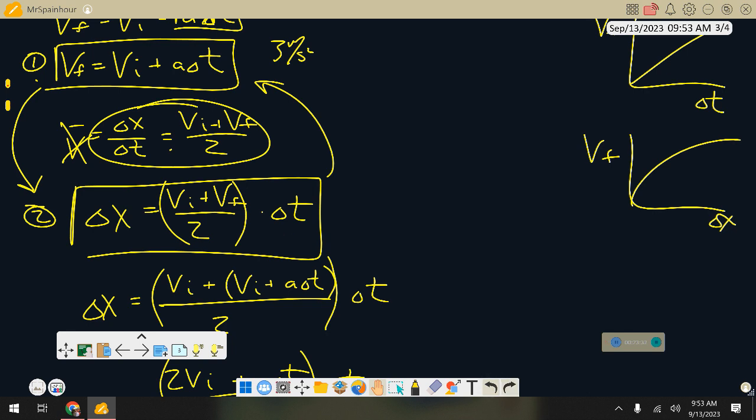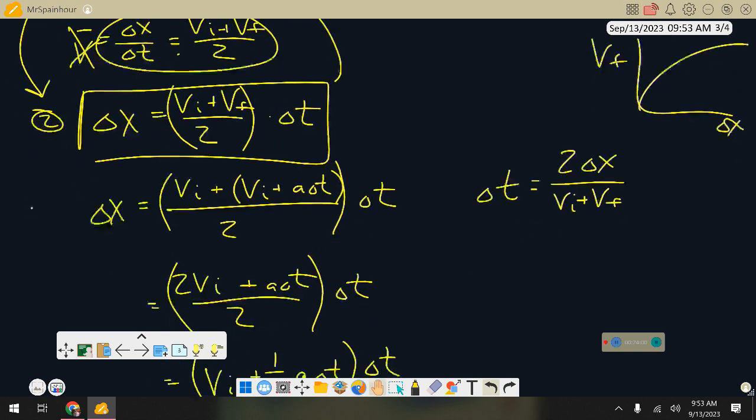Now that's a simple thing. It doesn't maybe look simple. As complicated as this is, it's a fraction, which means all I need to do is multiply by the reciprocal of the fraction on the right side and the left side. That'll cancel out over here. And on the right side, it'll end up as 2 times delta x all over vi plus vf.